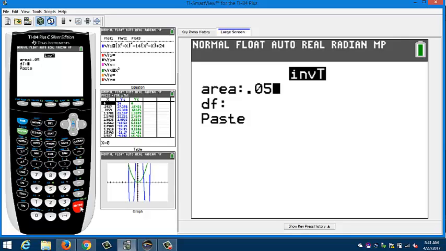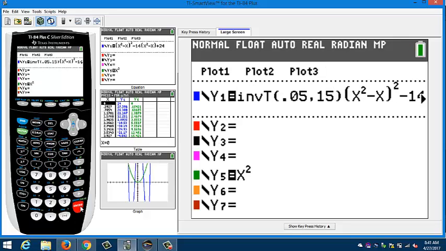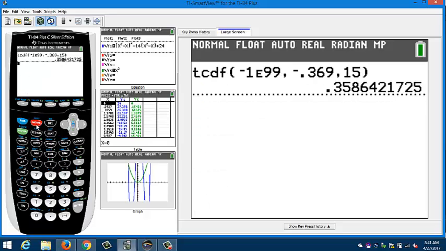Degrees of freedom, 15. 15 again, because it was n minus 1. 16 minus 1 is 15. That's not where I want it. Shoot. I put it in the graph for some reason. I wonder if it'll show up here. Nope. I'll get it.